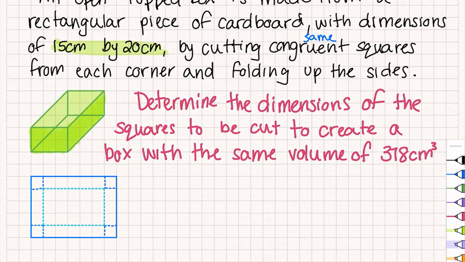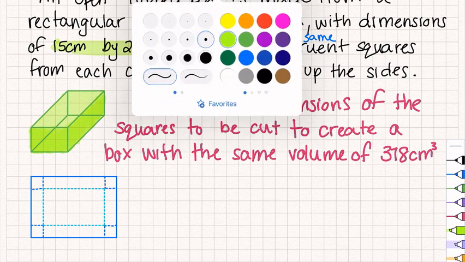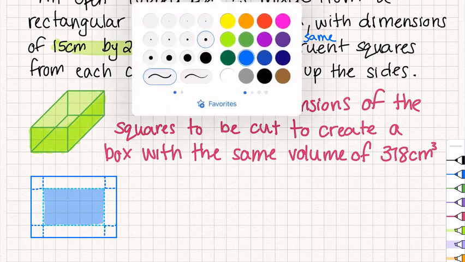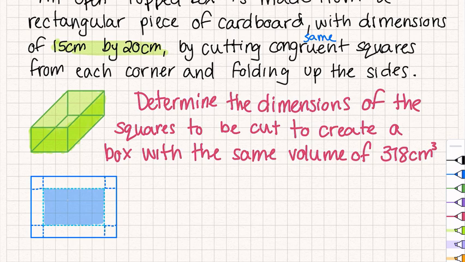Okay, so what happens is this becomes the base of the rectangle, this part here. And then when we fold up the sides, those corners that we cut out, they don't really exist. That's empty space. So these are going to end up being the sides. So this is the front and back, and then these are the sides. It's always a good idea to draw the diagram to help you get a visual.